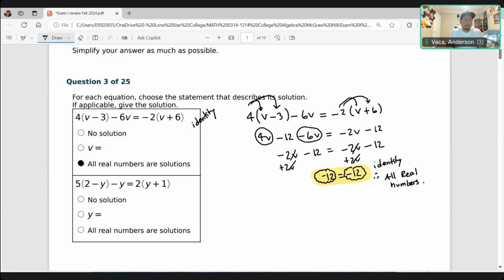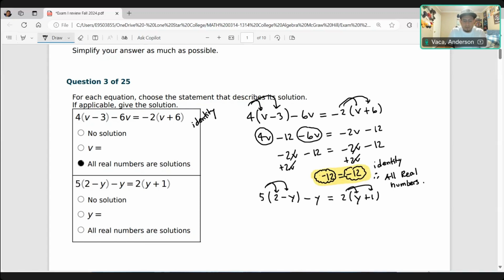Alrighty, then let's look at the second example here. We got 5 times the quantity 2 minus y is equal to 2 times the quantity y plus 1. This is my distribution.